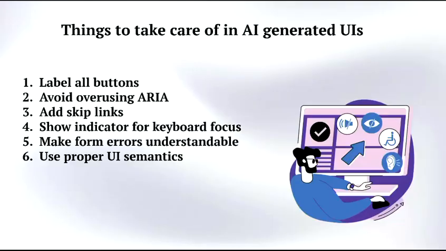Then make form errors understandable. I've covered this already, but this is just to recap that not just form errors, any sort of errors where users are entering, drop a clear message of what it is, and not just vague messages like error code XYZ. Last is use proper UI semantics. In the second example that I gave, I did mention that you can use ARIA labels and all, but I mean use proper semantics.